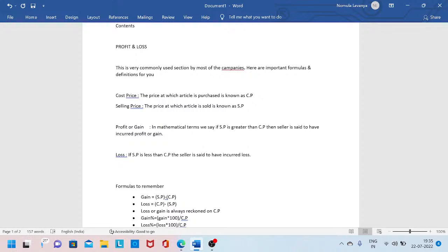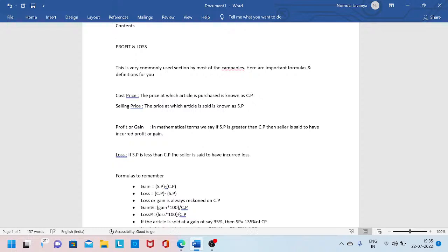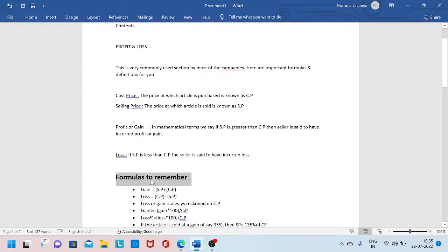If you remember these formulas, then the sums will be very easy. That is the reason I am telling you once again, please learn or remember these formulas. I am making them colored and bigger so you can remember. These are the formulas to be remembered.